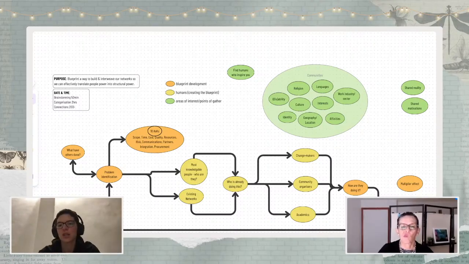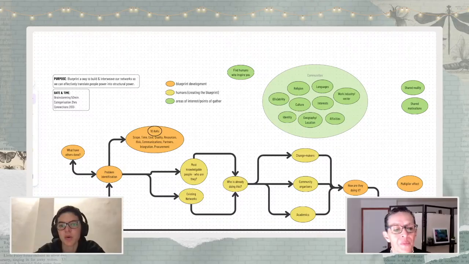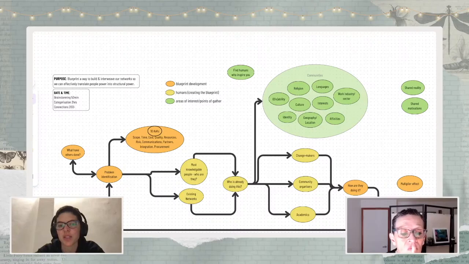So I would put it in the sense of this big bubble together, maybe from who is already doing this, because part of what I was thinking is that we want to look at who is doing this in different spaces.